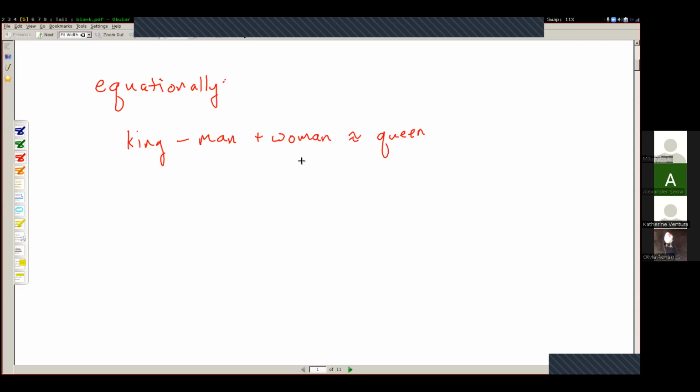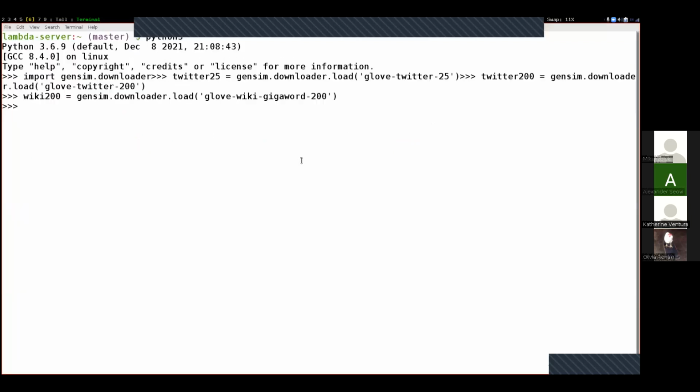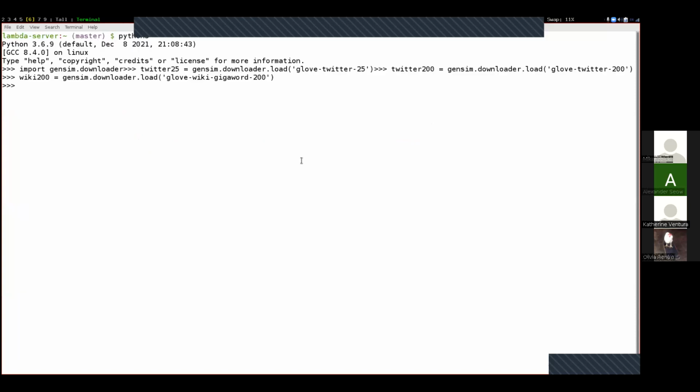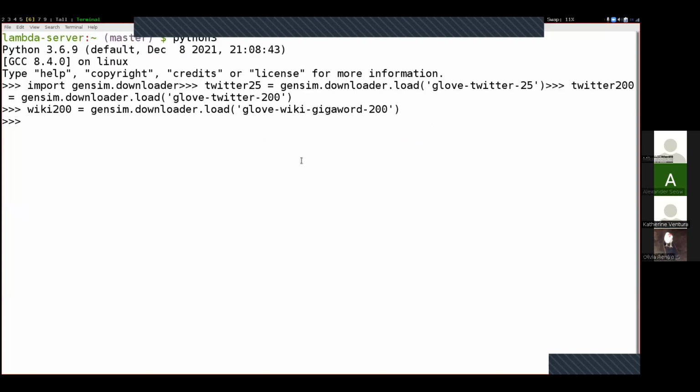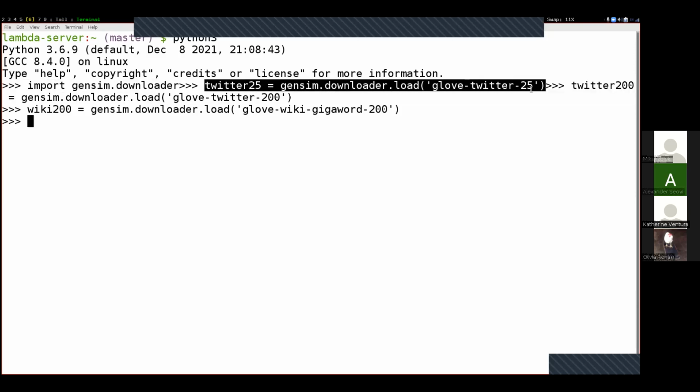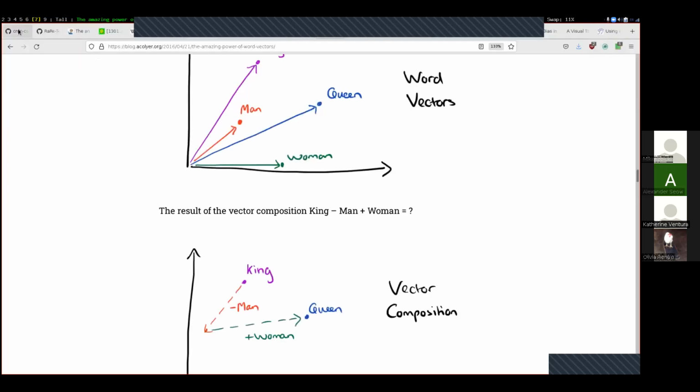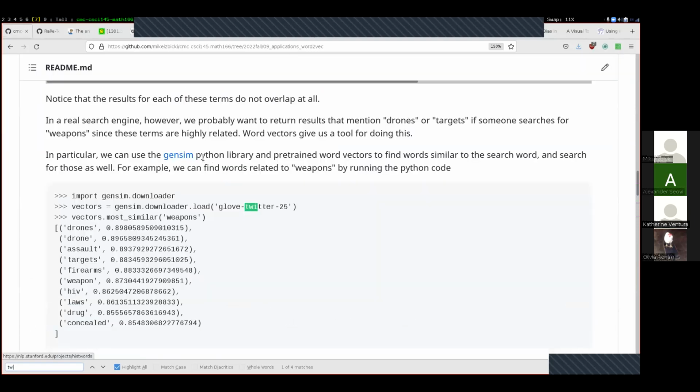I'm going to take us over to the terminal here, and we're going to do some work with Gensim to illustrate that for a second. This is unfortunately a little bit weirdly formatted for some reason. But up here, I've done import gensim.downloader, and then I have three models loaded. This Twitter 25 model is the model that is referenced over here in the instructions.